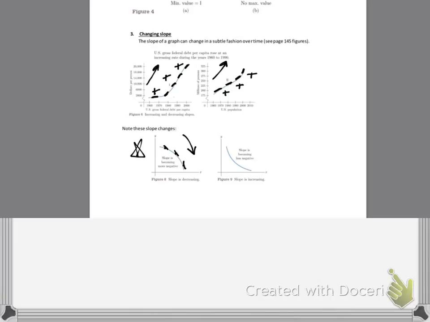Okay, here what's happening? I see if I draw little tangent lines, I see that my slope is always negative, but it's actually becoming less negative. So even though my function is decreasing, my slope is negative, but it's becoming less negative.